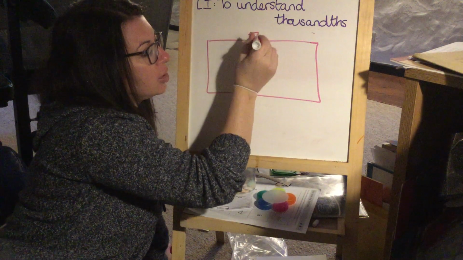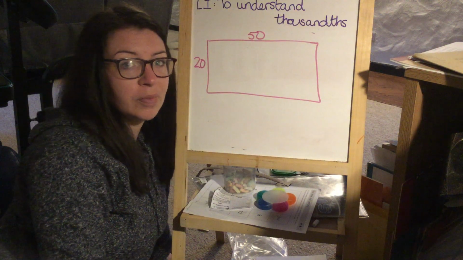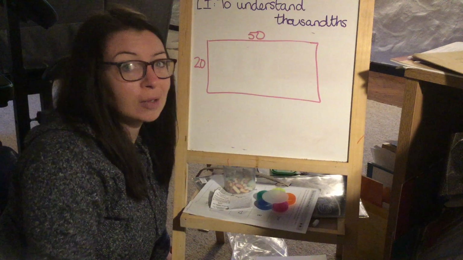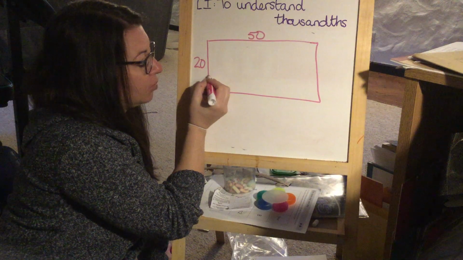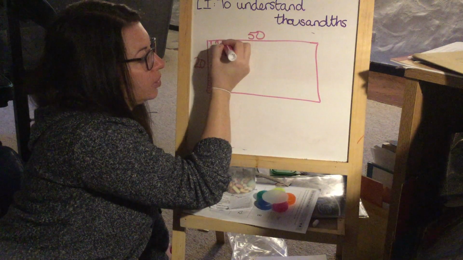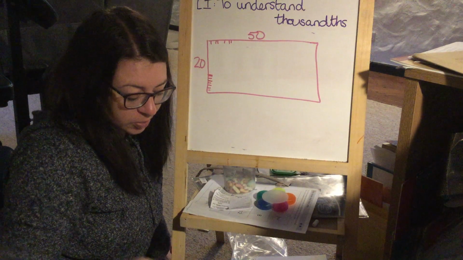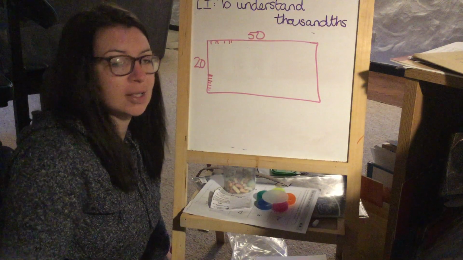You have 50 lines going this way and 20 rows going that way. I did count to make sure. So you had 20 rows and 50 lines. And you'll be asked to express the shaded amount as a fraction and a decimal.